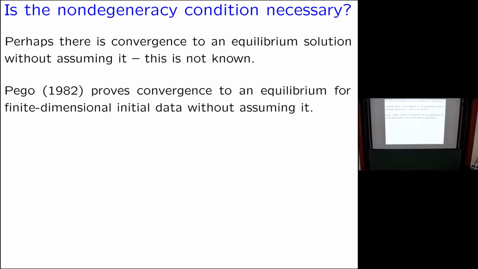You take initial data, split 0,1 into a finite number of disjoint measurable sets, and on each one the initial data is a constant. And so it reduces the system to a finite set of ordinary differential equations. It's still not trivial to prove that solutions to that system converge, but they do, so he proved it using a version of the Hale-LaSalle theorem. So that's one piece of evidence.